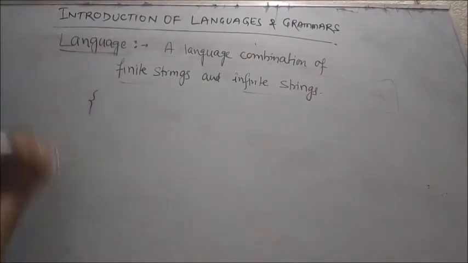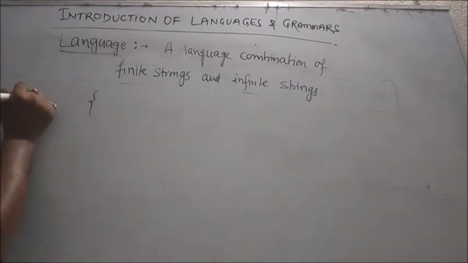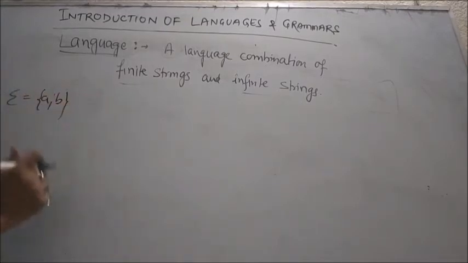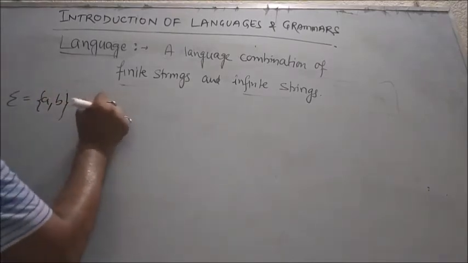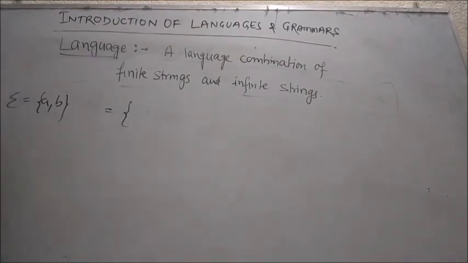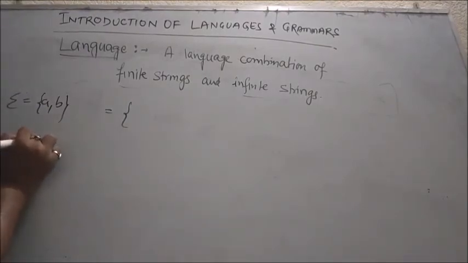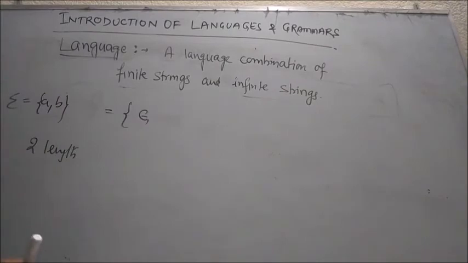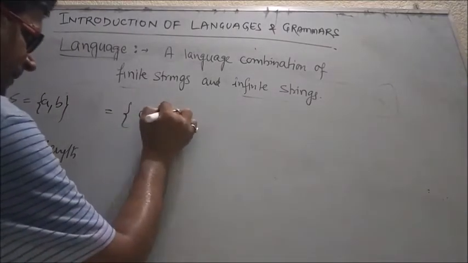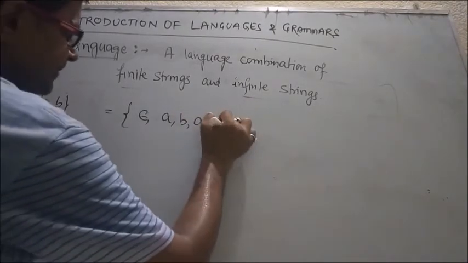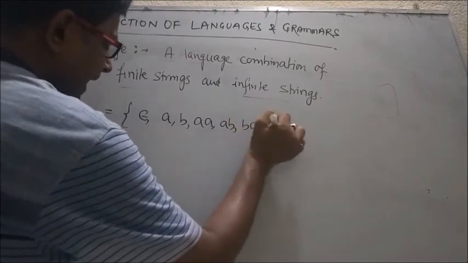Suppose sigma is equal to a, b, that means I have two symbols in this alphabet. If I am going for finite strings, suppose at most we take a maximum length of 2. The first can be epsilon, second may be a, third may be b, fourth may be AA, next may be AB, BA and BB.